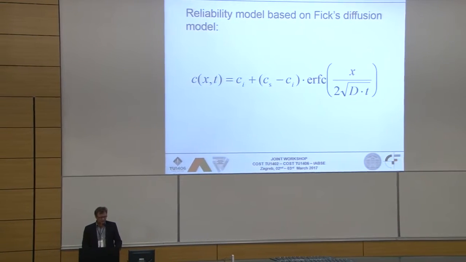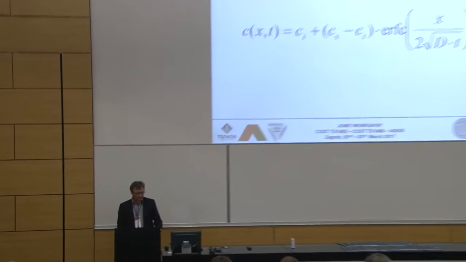You have the error function, and you have the distance again to the armor, and then you have the diffusion coefficient and time and the square root of that. So this is how the concentration is changing with time, and when this reaches the critical level, then you have failure. It means initiation of corrosion. It is not like ultimate capacity or failure of the armor. It is the starting of corrosion at the armor, which is the criterion here.